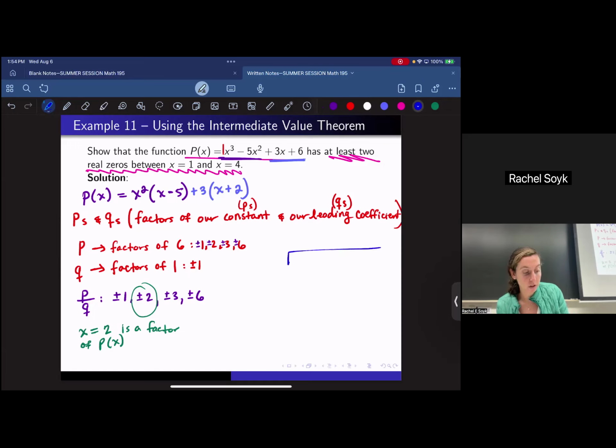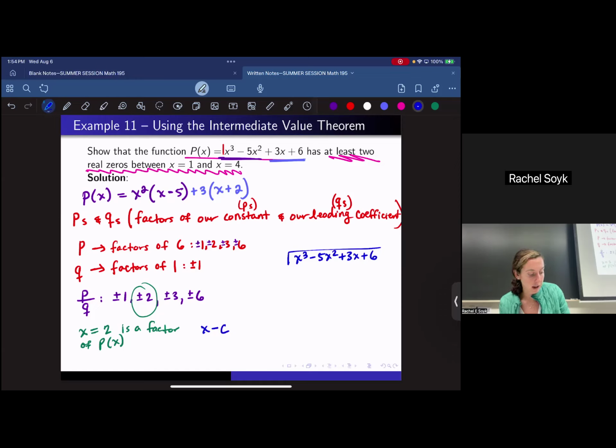So essentially what we're doing is taking this whole polynomial, x to the third minus 5x squared plus 3x plus 6, and dividing it by our factor. But we can't just divide it by 2, because that wouldn't make sense. 2 is our factor, and our factor is always written in the form of x minus c.